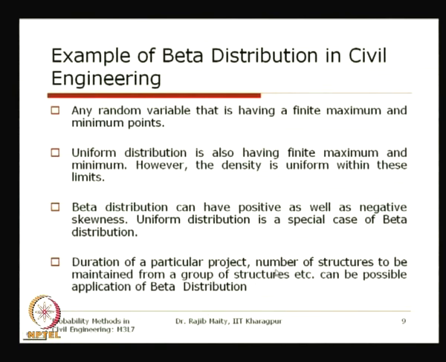Another example can be the number of structures to be maintained from a group of structures. Say in a project we have constructed 10 such structures in a region, and we need to know how many structures on average need to be repaired, to set the budget for maintenance.